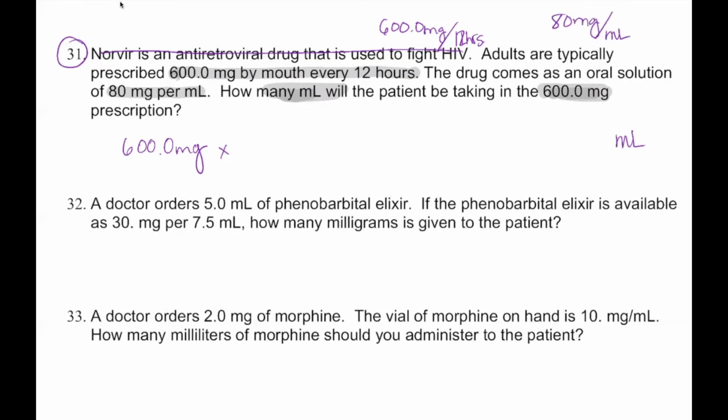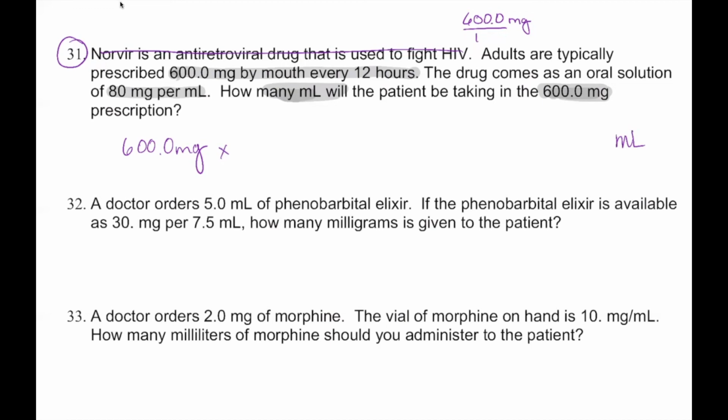And so I hope you can see that the 600 milligrams by mouth every 12 hours is not needed, but that our 80 milligrams per milliliter will convert our milligrams right into milliliters directly. We have milligrams and we're going to milliliters. So even though this is given, we don't even need that in this problem. 80 milligrams per 1 milliliter.